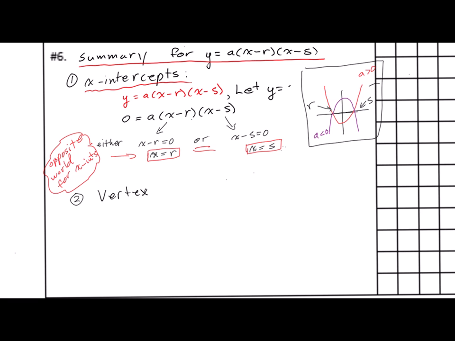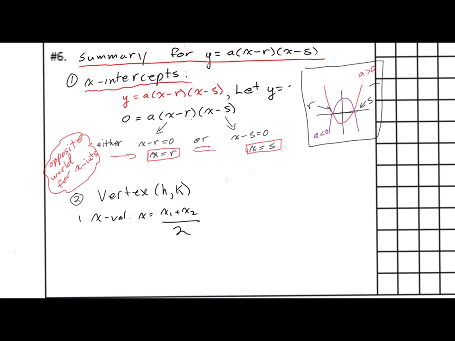Now, in order to find the vertex, there are two things that you need. Your vertex has the letters h and k, referring to the vertex form of the parabola from before. In order to find the x value, we need to know the axis of symmetry.